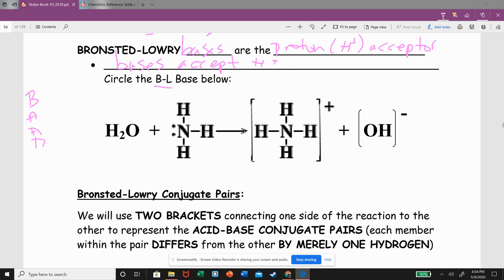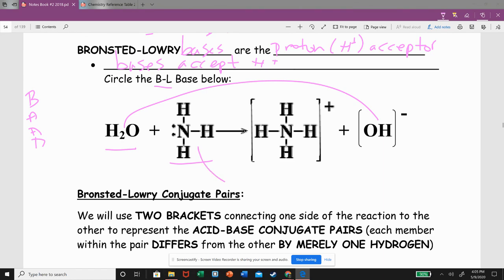Okay, so let's go through and let's examine H2O. So now I have to figure out, where is the partner to water on the other side? Where is the partner to NH3 on the other side? Well, they have to be similar to each other, and they have to be different by only 1 hydrogen. So between H2O and OH, those are going to be partners.